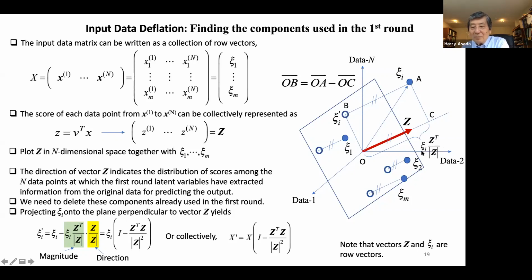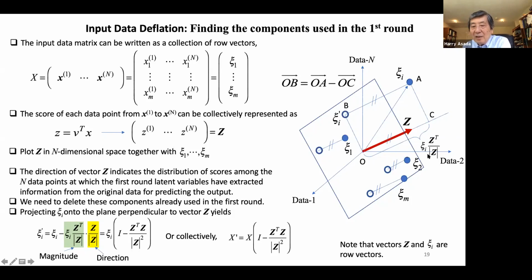Now, the little tricky part is that both Ci and Z are row vectors. So usually we deal with column vectors. In column vectors, it would be Ci transpose Z, right? But because the row vector transpose is placed here, this one is already a row vector, and this with the transpose becomes a column vector. So this is actually an inner product.